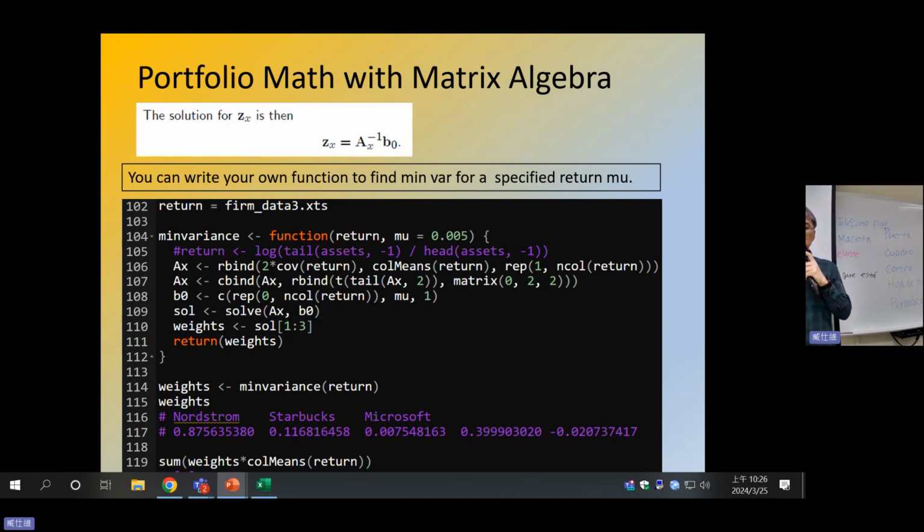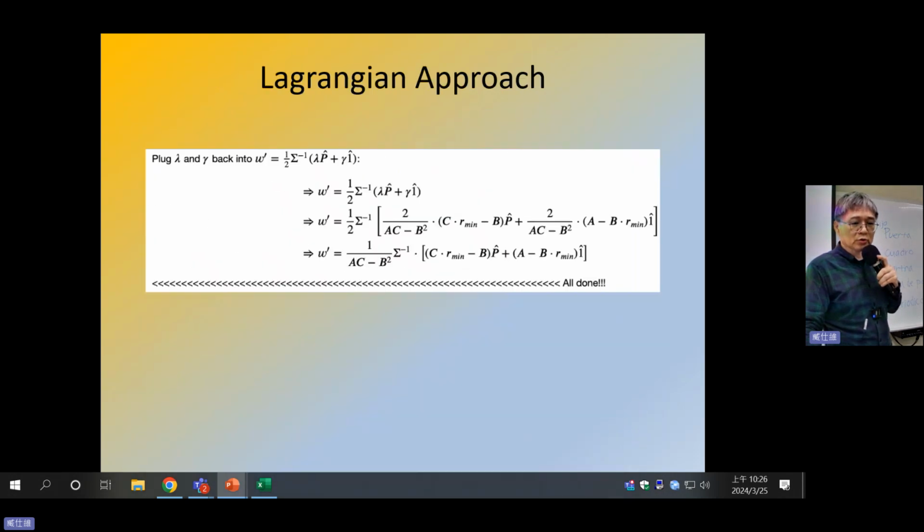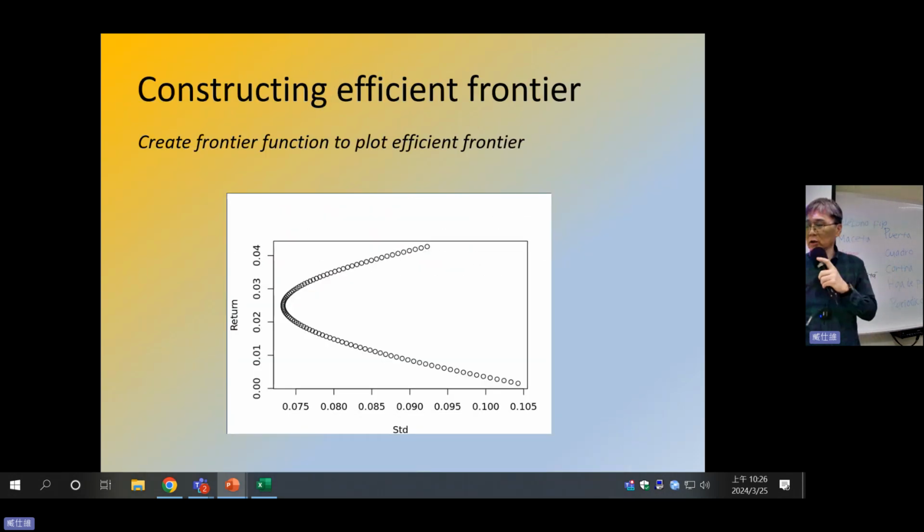Based on these efficient portfolios, we can plot them on the x-y axis. On the x-axis will be the standard deviation, the square root of the portfolio variance, and the y-axis denotes the return.